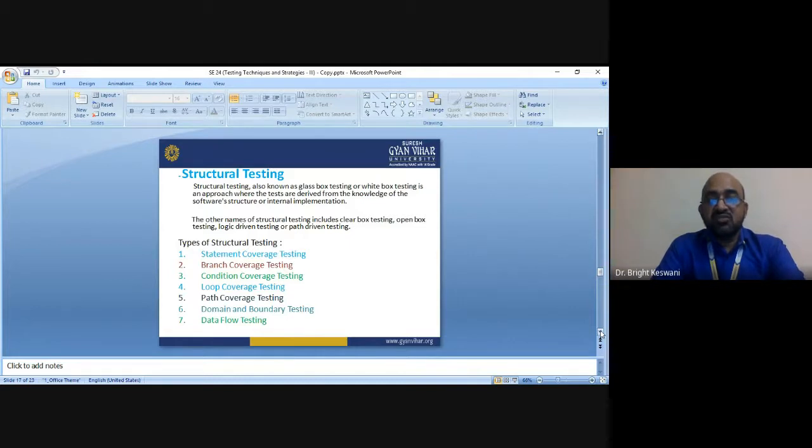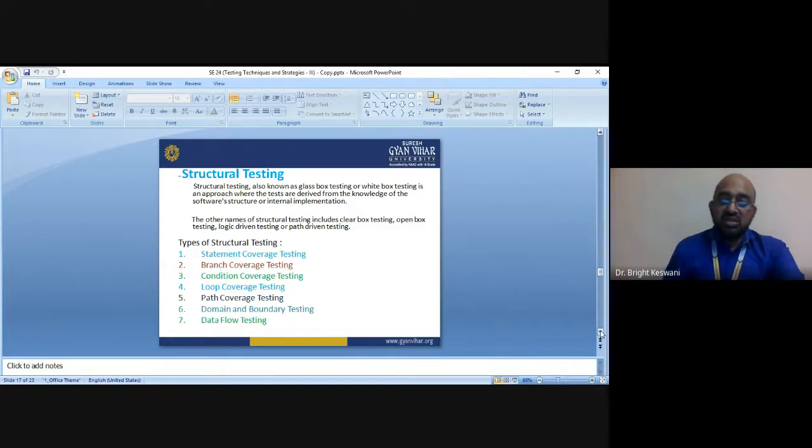So statement coverage testing should be done, branch coverage testing should be done, all conditions mentioned in the software should be covered in condition coverage testing, and loop coverage testing should be done, path coverage testing should be done, domain and boundary analysis testing should be done, and data flow testing should be done.